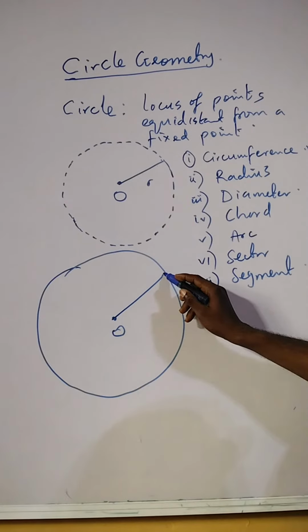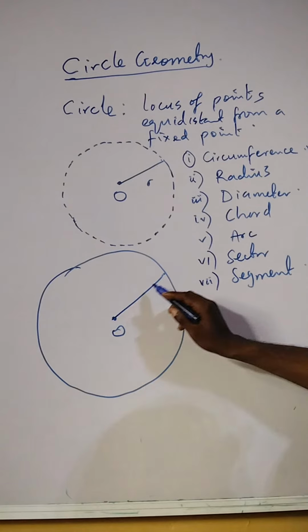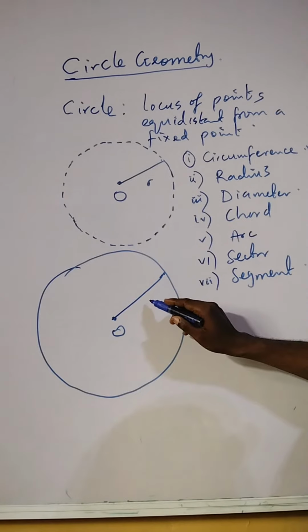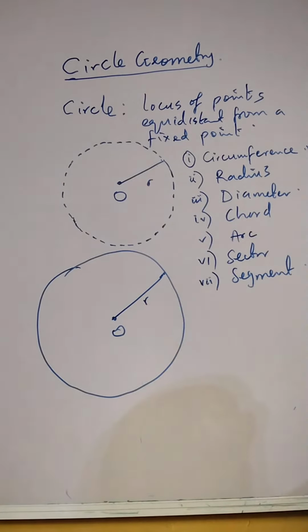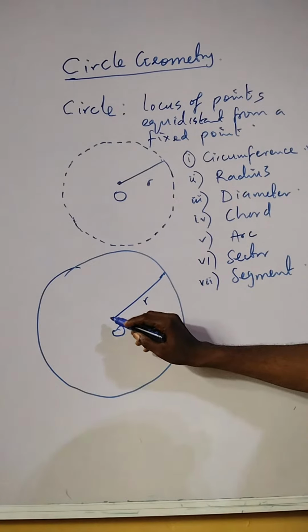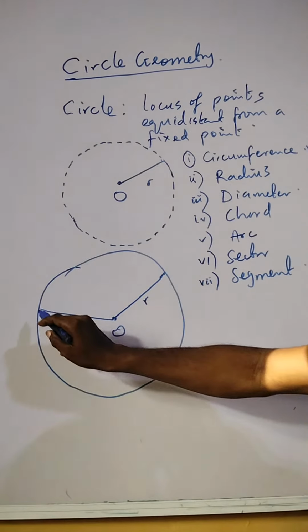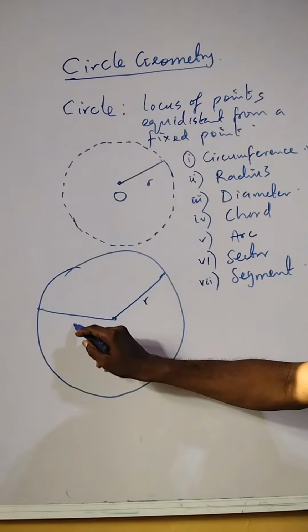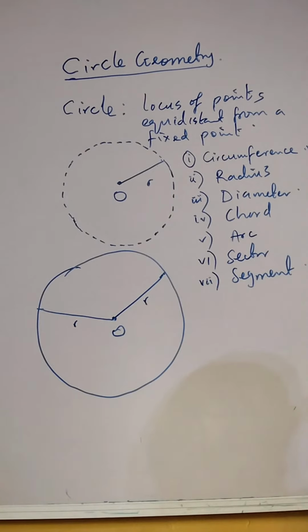So this line is what is referred to as radius. If you draw it this way as well, this is also a radius.